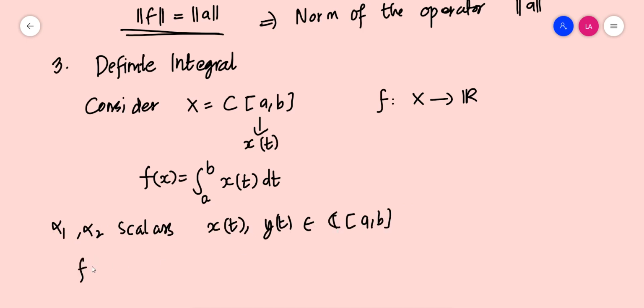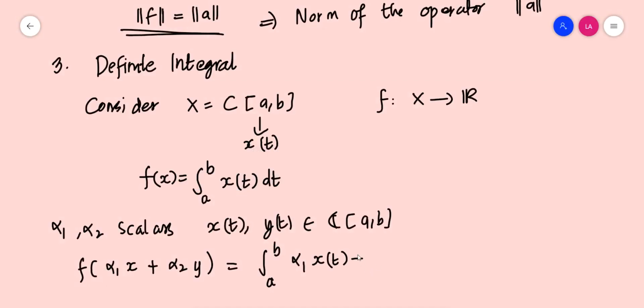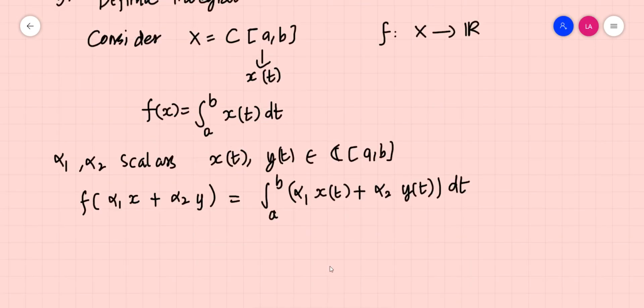Now f of alpha 1 x plus alpha 2 y should be equal to, by definition, integral a to b of alpha 1 x of t plus alpha 2 y of t dt. Now use the basic properties of the integral.